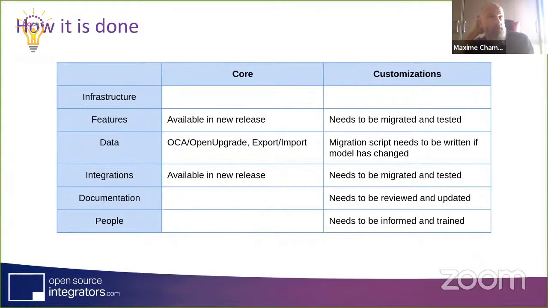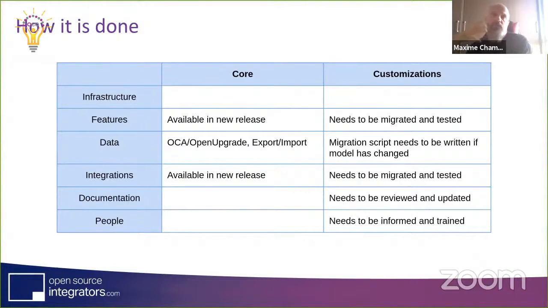In terms of features, especially with the customization, there will need to be some analysis, because the feature may be provided in a new version in a different way. So it's not a stupid migration where you just move the code and hope for the best.